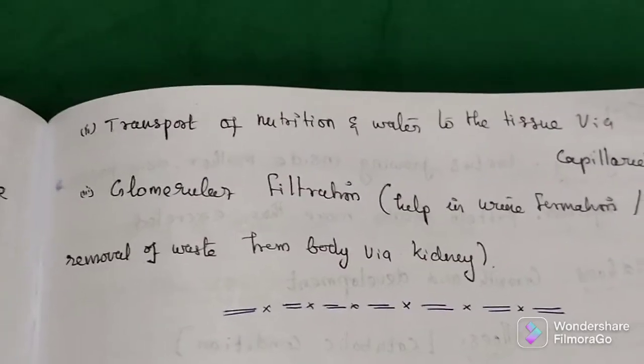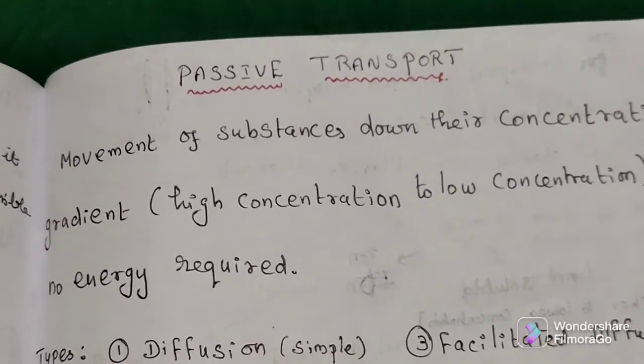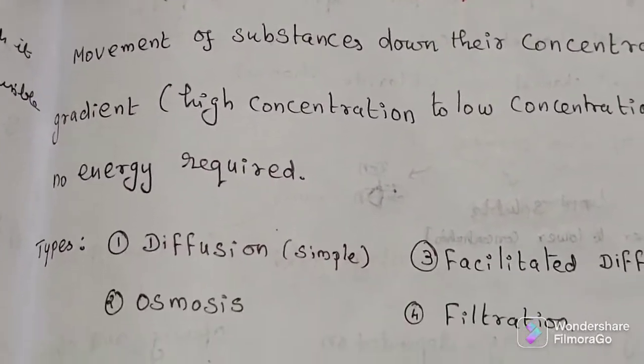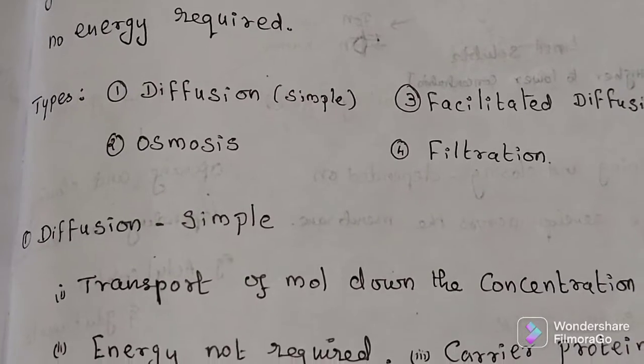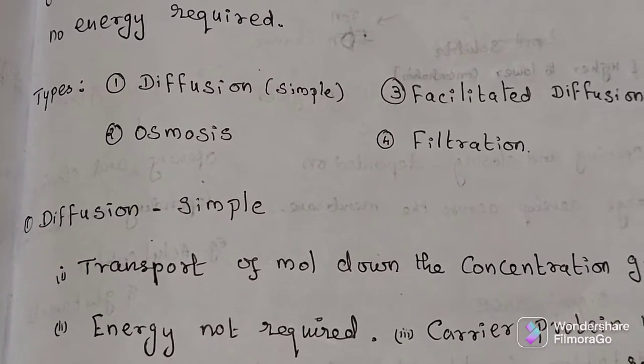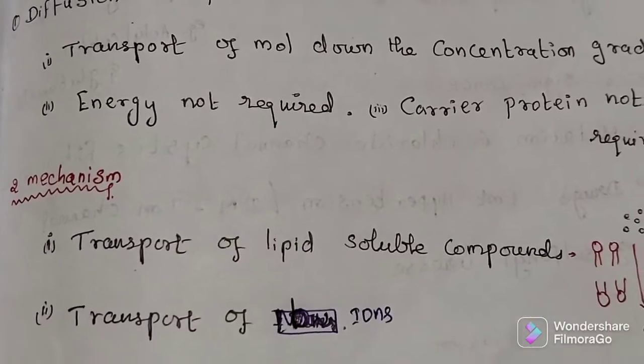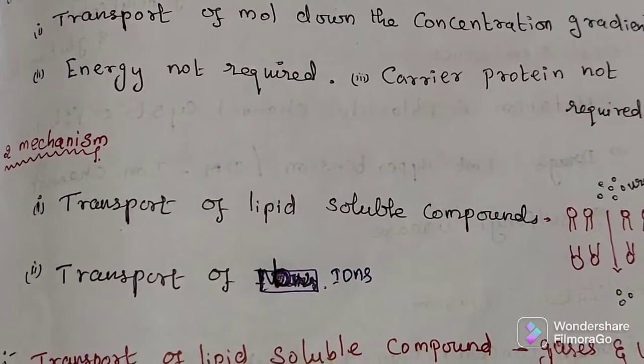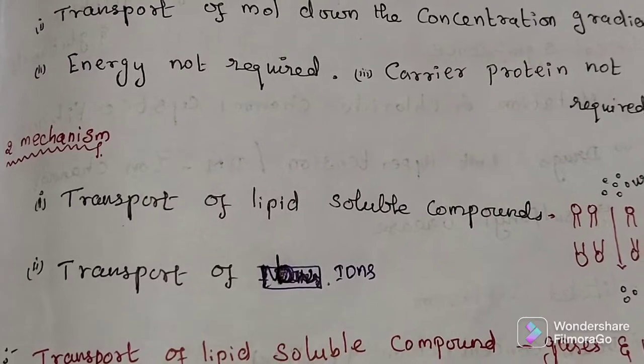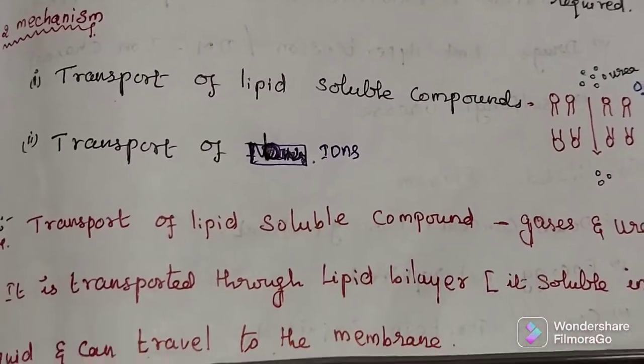This is all about passive transport. Notes format: passive transport, down the concentration gradient, 4 types: simple diffusion, facilitated diffusion, osmosis, filtration. First is simple diffusion. It has 2 mechanisms: lipid soluble transport, then transport of ions by using ion channel.